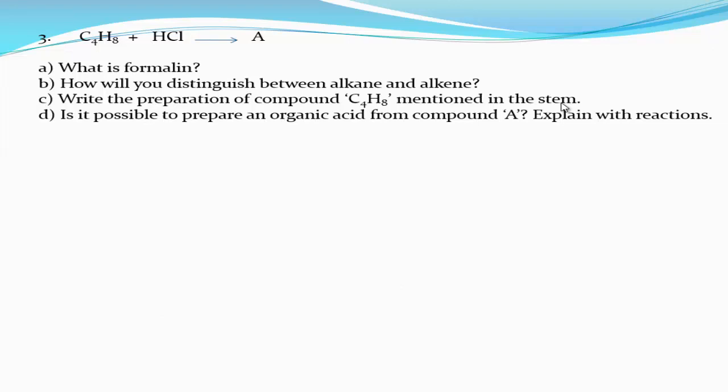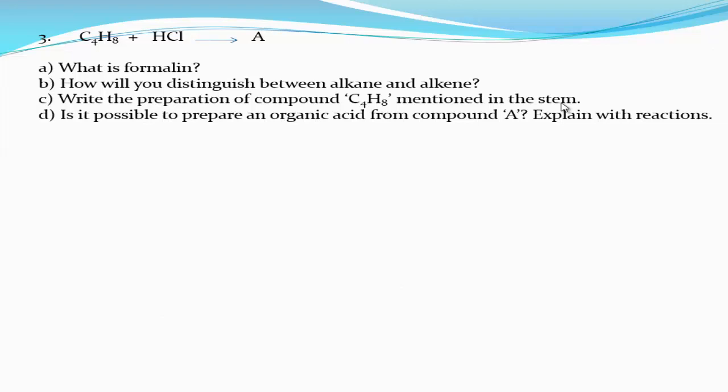Another preparation process of alkene is when alcohol reacts with sulfuric acid, then it produces alkene and water. Here actually sulfuric acid acts as dehydrating agent. So here from ethanol there is produced ethene. So to produce butene you have to use butanol.